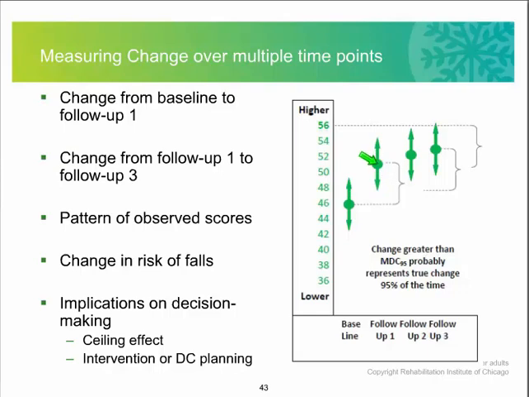We also note that there has been a steady trend of improvement from follow-up 1 to follow-up 3, but note that this does not represent a measurable change. And the last 2 observed scores are nearing the ceiling for the Berg Balance Scale. We might be thinking that our intervention to reduce falls risk is done, and we can focus on higher functioning activities.